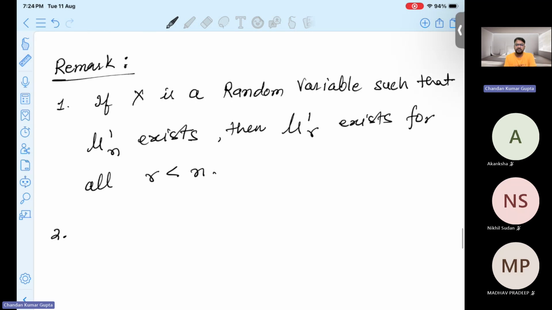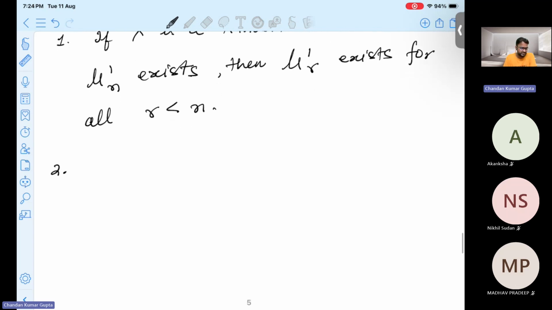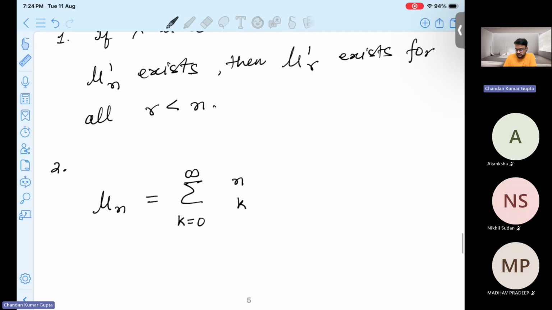Since there is a relationship between the non-central and central moments, the nth order central moment is defined as the sum for k equals 0 to n of n choose k, times mu k dash, the kth order non-central moment, times minus the first order non-central moment, that is our mean, to the power n minus k.